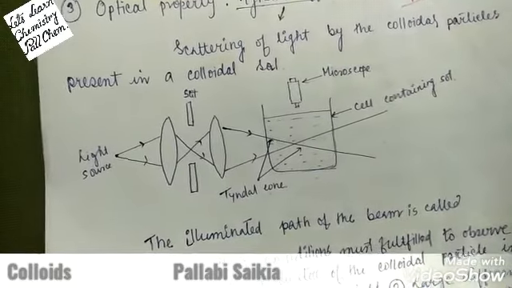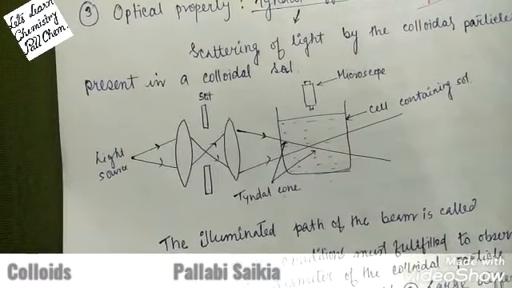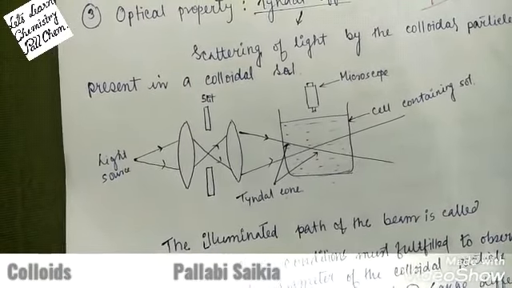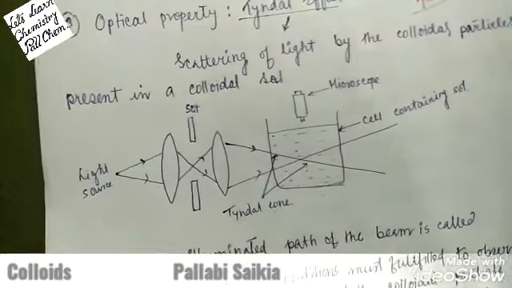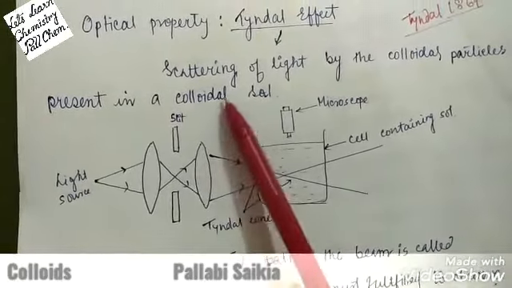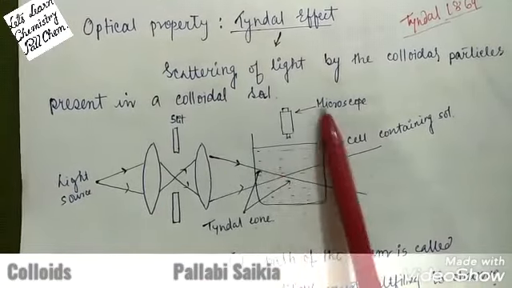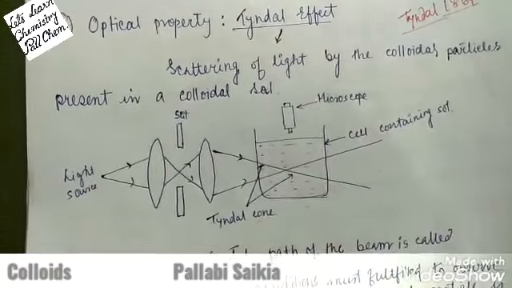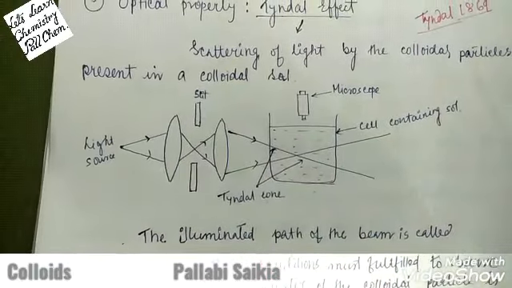In the path of the light we will see some dust particles. These dust particles are scattering the light, that's why we are seeing the path of the light. Similar is the case in the colloidal particles. We will see the blue illumination due to the scattering of the light. The illuminated part is known as the Tyndall cone.